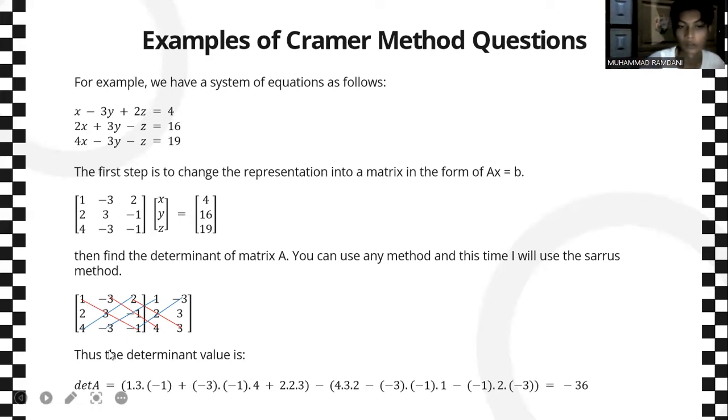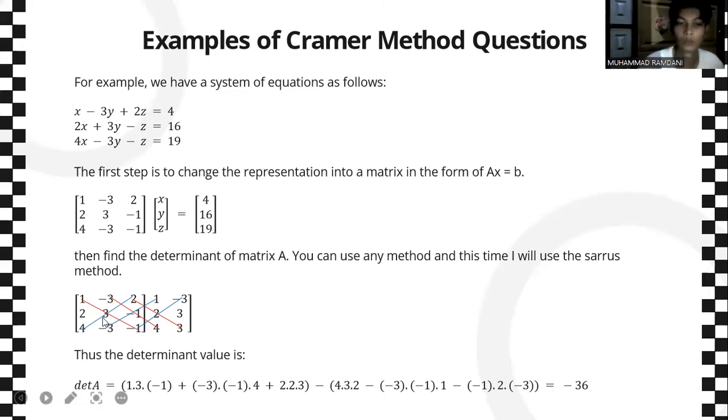The first diagonal is 1 times 3 times minus 1, plus minus 3 times minus 1 times 4, plus 2 times 2 times 3. That is the first multiplication, and then we separate it with a minus.